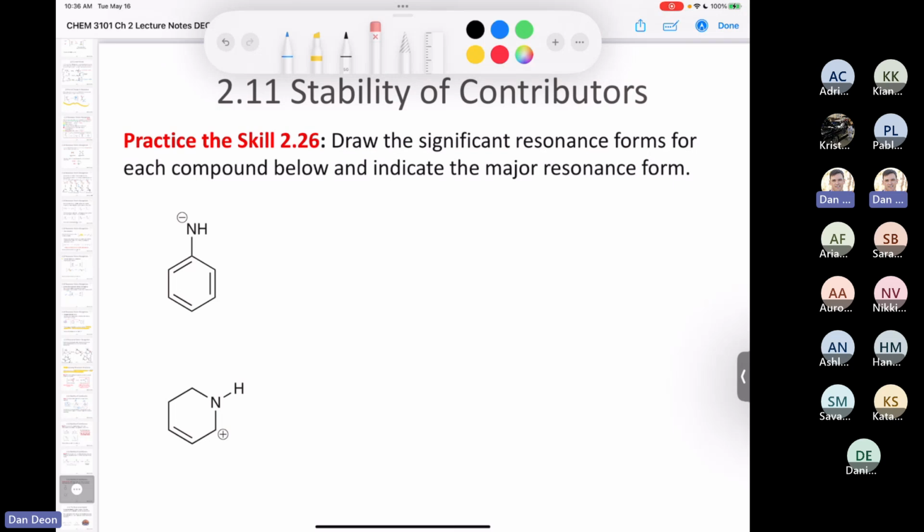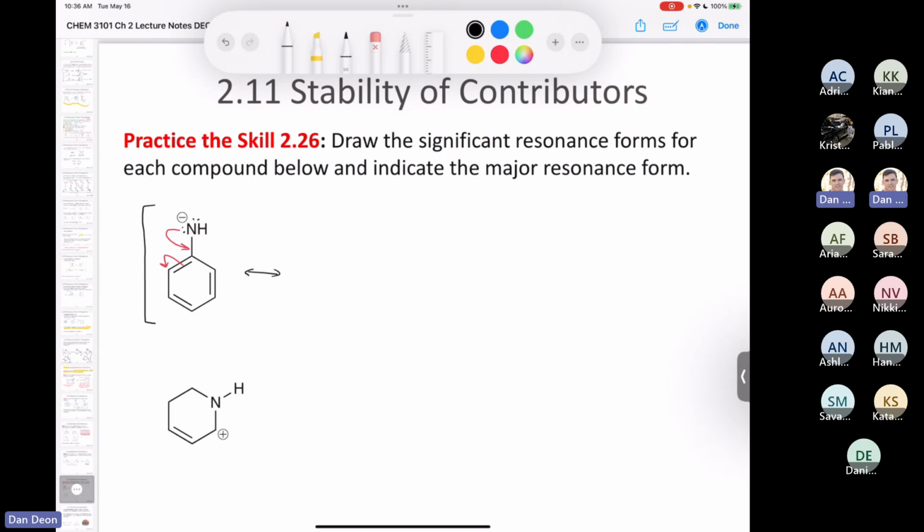And so let's see if we can draw the resonance forms for each compound shown here. If I start with this one, I'm going to put the lone pairs in on my nitrogen, because remember, when nitrogen has 2 bonds and 2 lone pairs, it has a negative charge. So the first thing we see is that we have an allylic lone pair. We can start by drawing the pattern for an allylic lone pair. We make a new pi bond, and we break this pi bond and put the lone pair on this carbon.